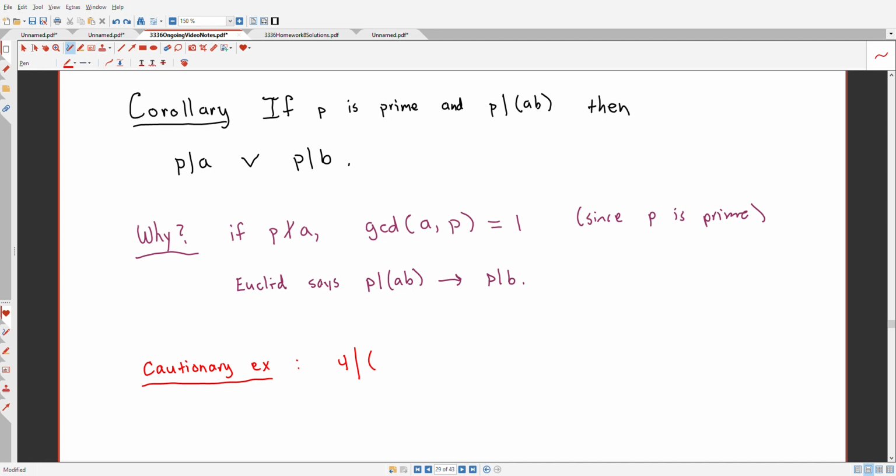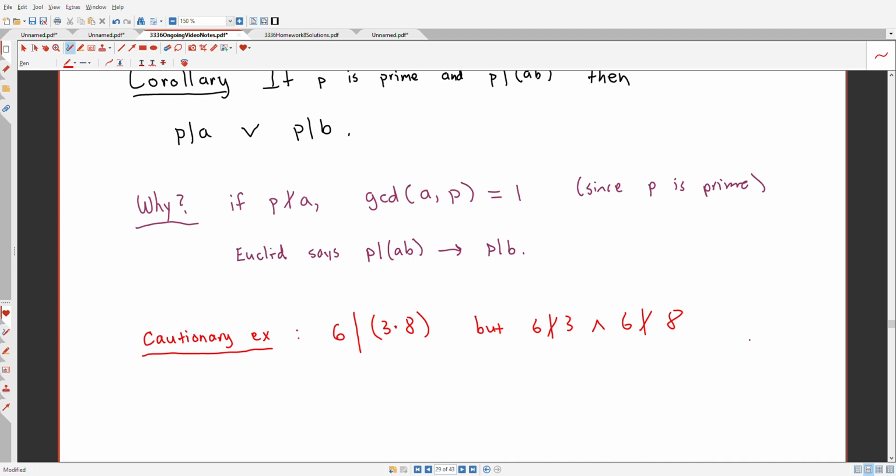Gosh, I'm sorry. Let me think of a better one. Sorry, I had the right thing in mind. It is absolutely true that 6 divides 3 times 8. But 6 does not divide 3, and 6 does not divide 8. And what's going on here is, well, 6 isn't prime, so we're not guaranteed to know this.